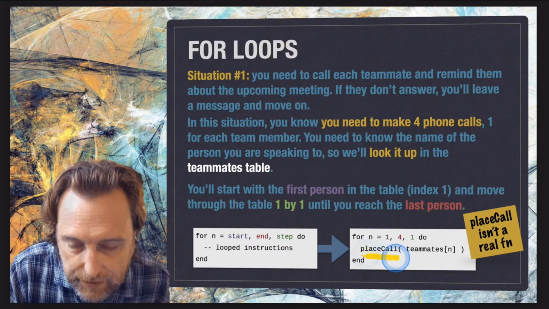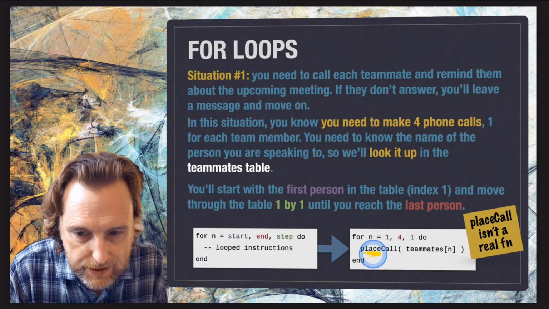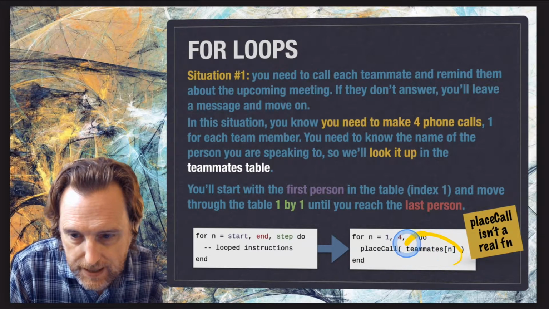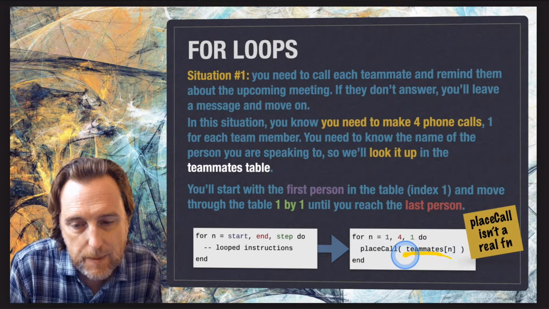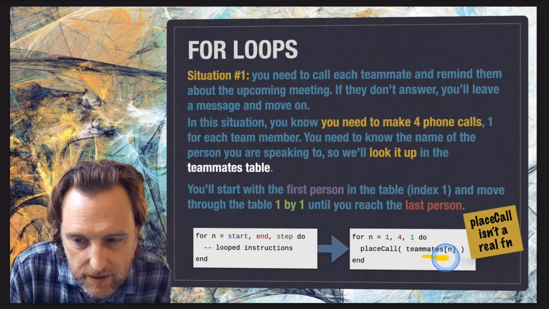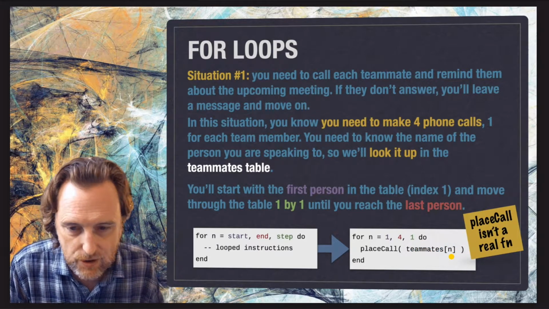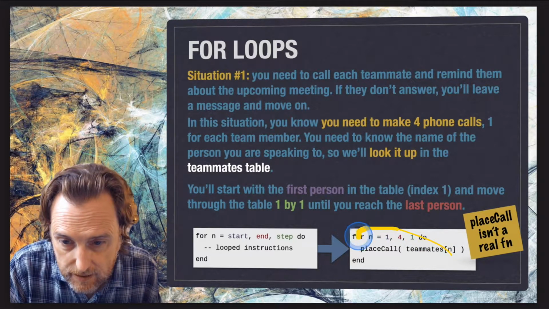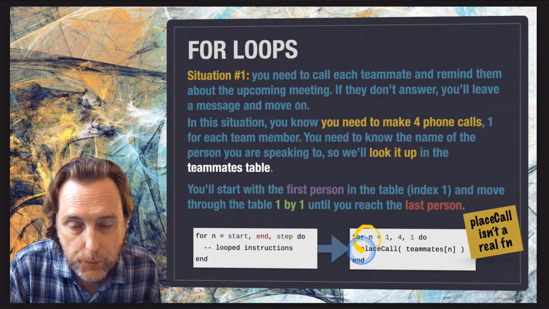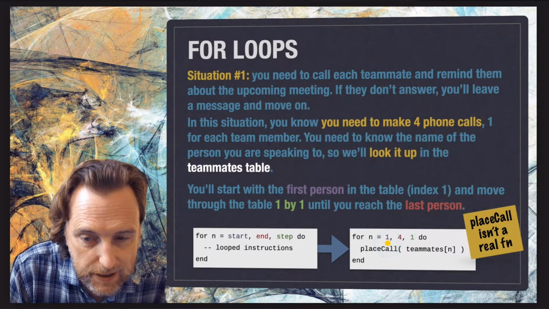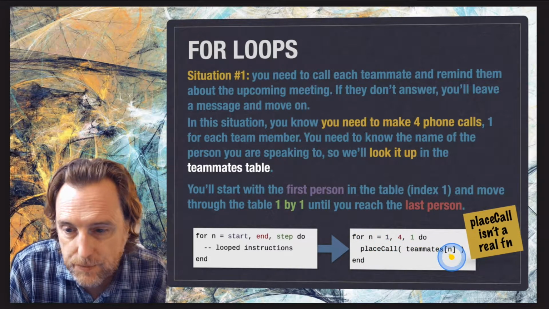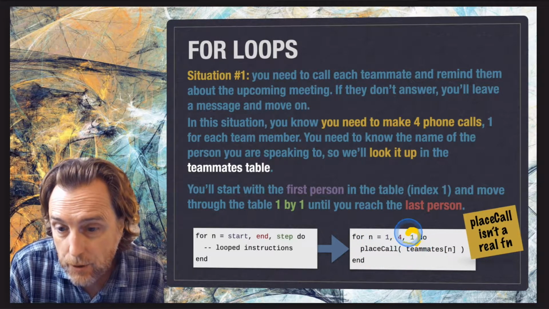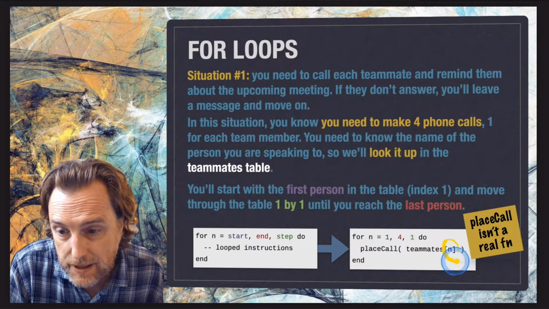And this is where I've got this fake function called placeCall. The real key, though, is we're going to call the named person, and we're going to pick the named person out of the table teammates by passing the integer index variable, which I called n. So the first time this loop runs, it starts out with n equal 1, so it calls teammates 1. And then it repeats and increments to 2 and calls teammates 2.